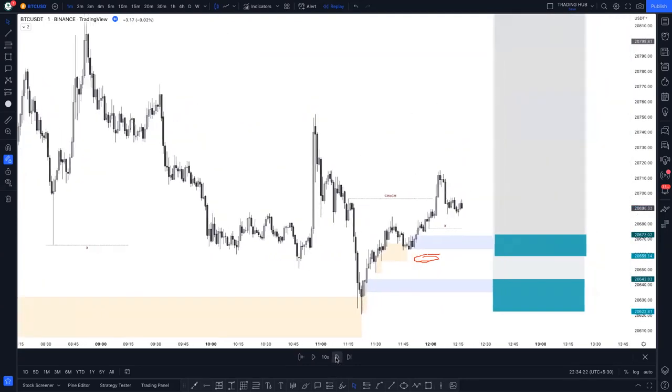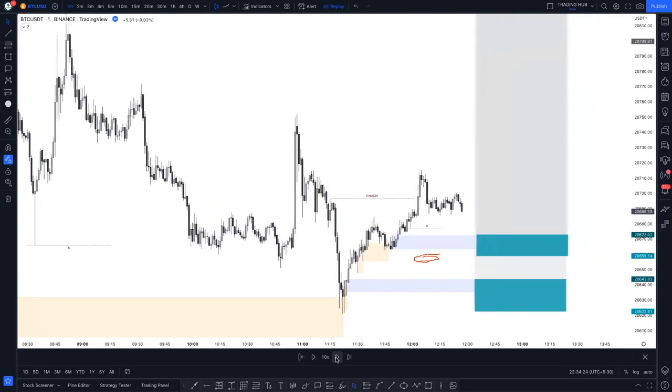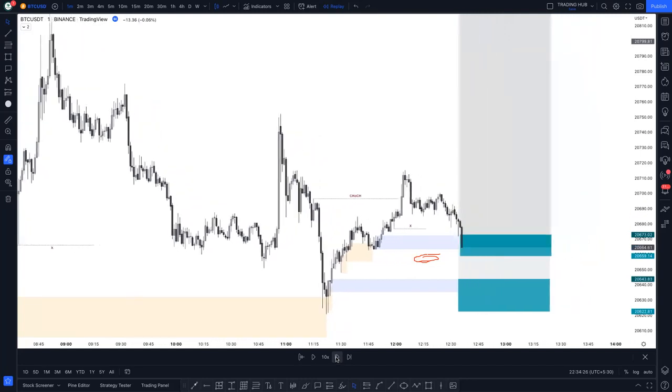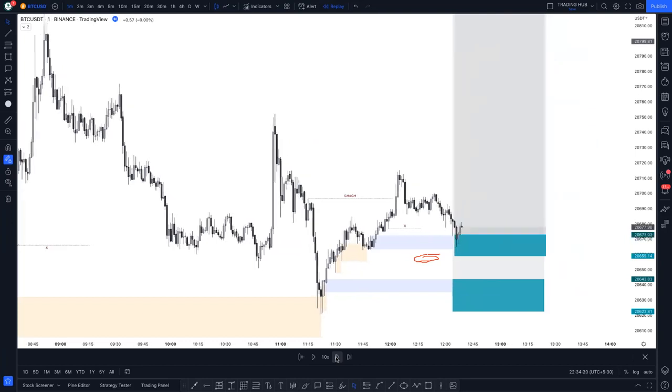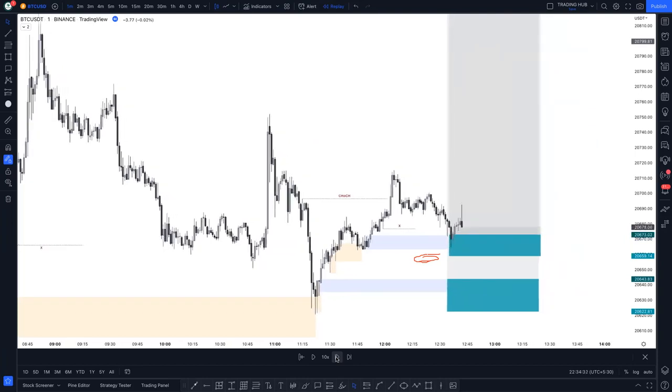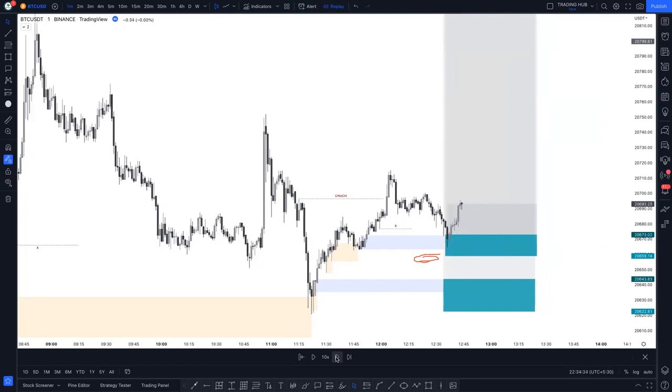Okay, let's see. Okay. In this case, what are you looking for here, buy or sell? Which area are you looking at for buy or sell?